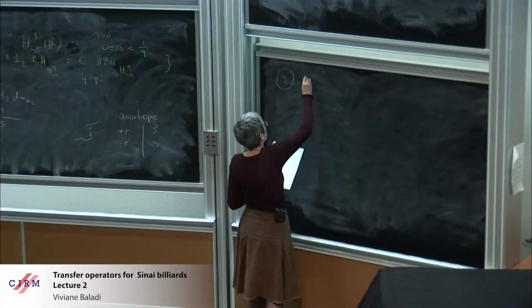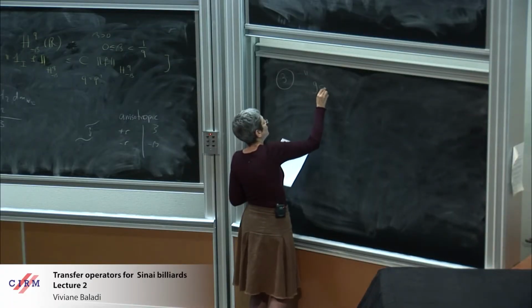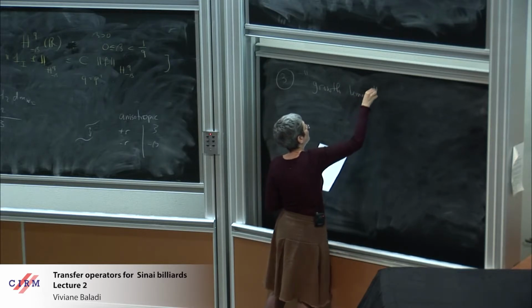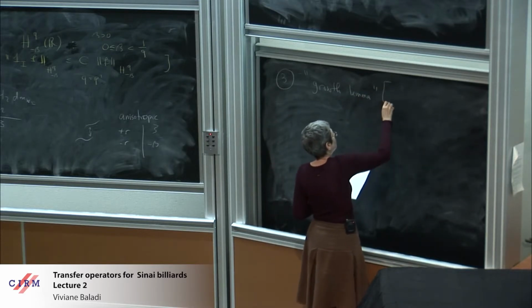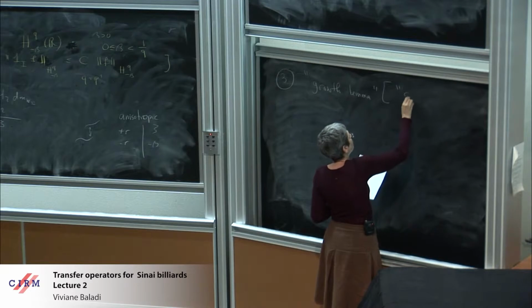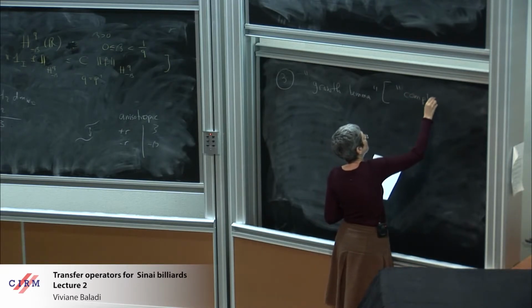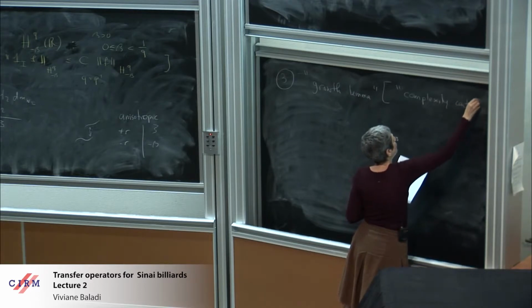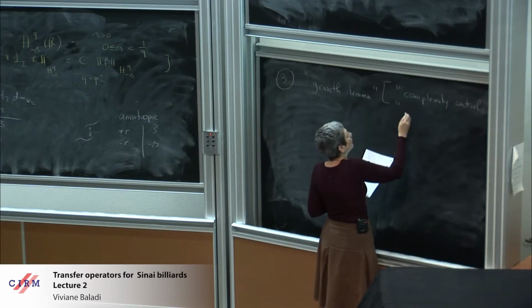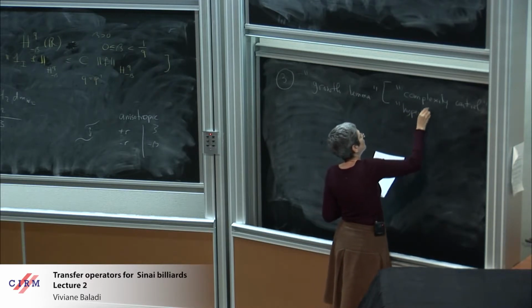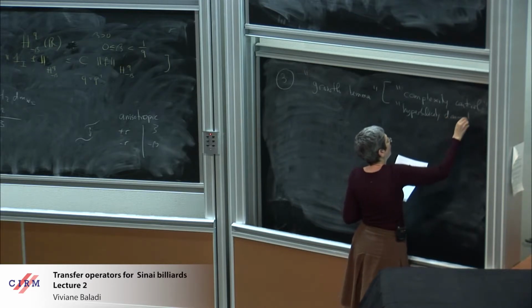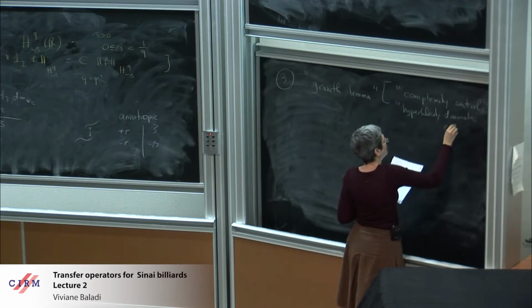And then you need something which, in the billiard community, is called a growth lemma. Another way to describe this would be to say you have complexity control, or hyperbolicity dominates cutting.